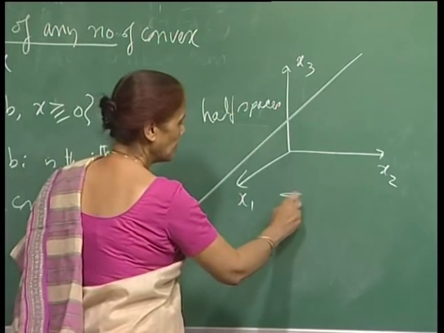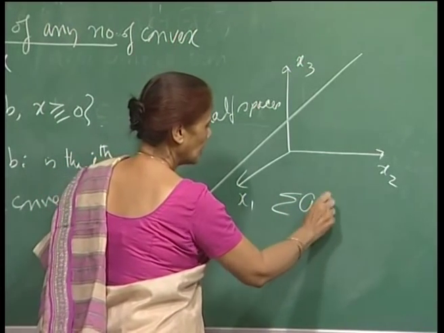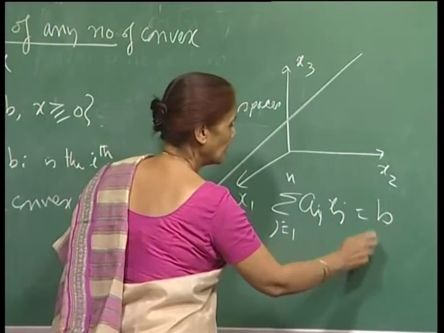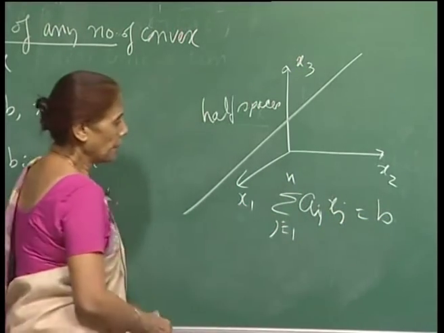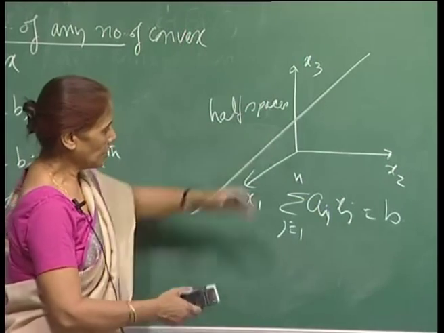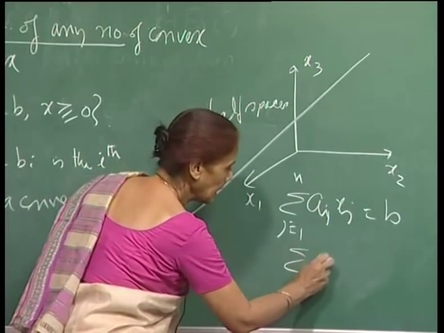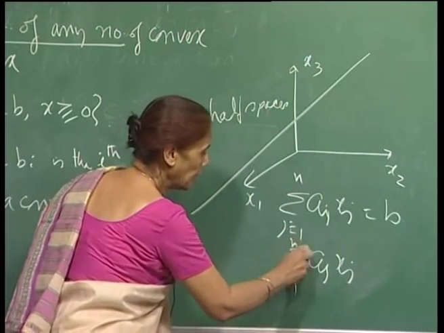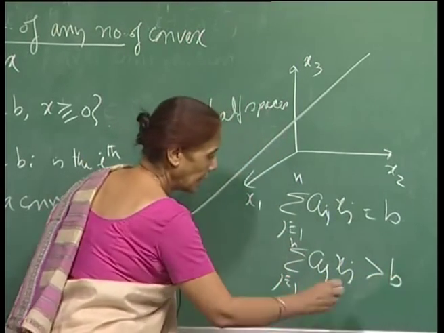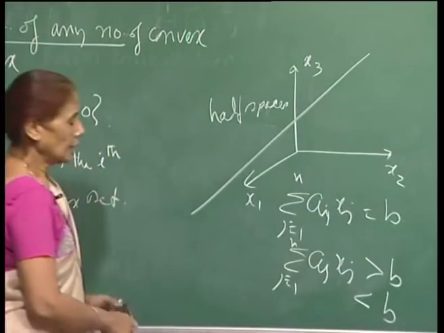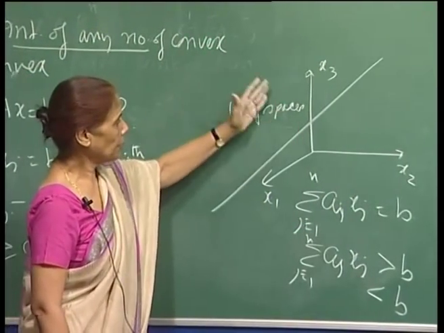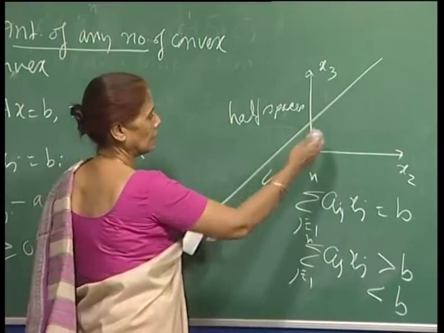So, when you have summation A j x j, j varying from 1 to n, equal to B, there will be a set of points which satisfy the constraint as strict A j x j greater than B, and there will be a set of points which satisfy it with less than B. So, these are the 2 half spaces that a hyperplane defines.